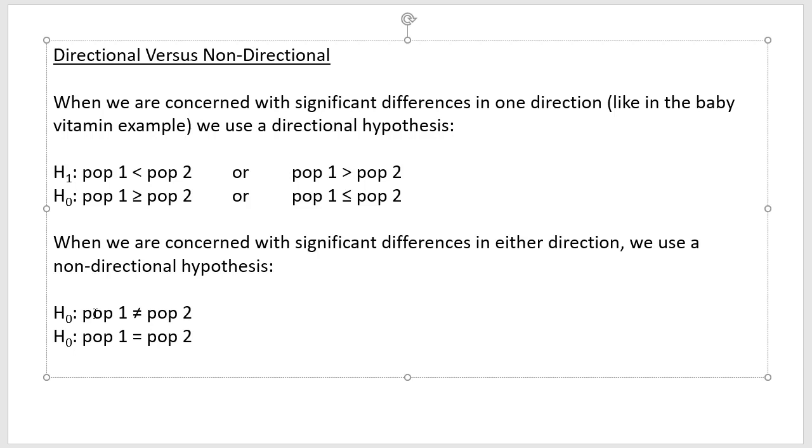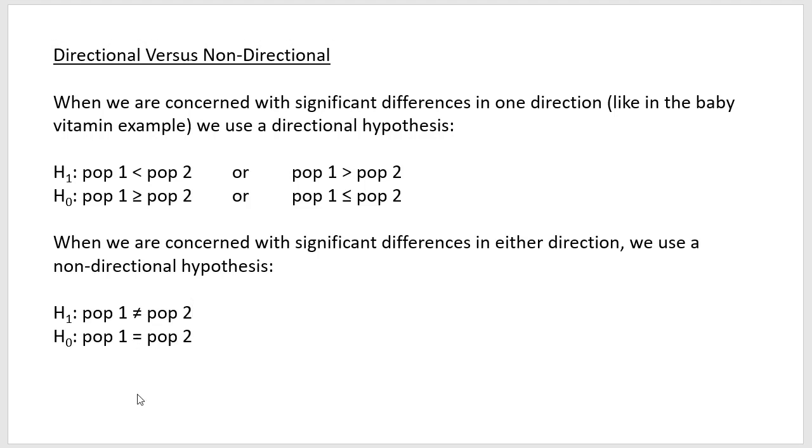You saw that. There you go. It should be H sub 1, not H sub 0 twice. So the alternative hypothesis is that population 1 just won't be the same as population 2. What that means is that it could be either greater than or less than population 2. And the null hypothesis is that population 1, which would be our sample, will be the same as population 2, which is our population.